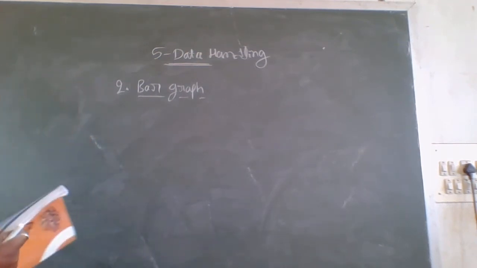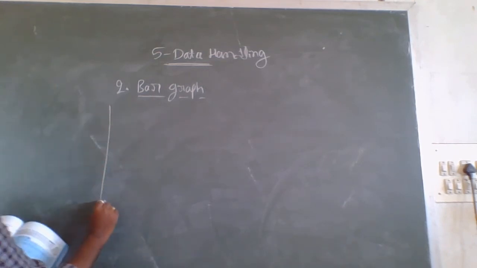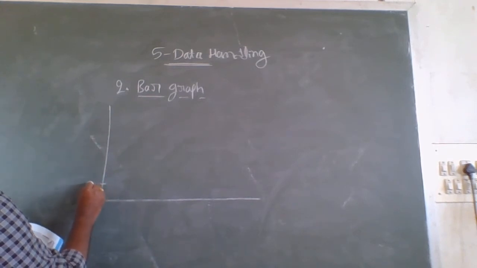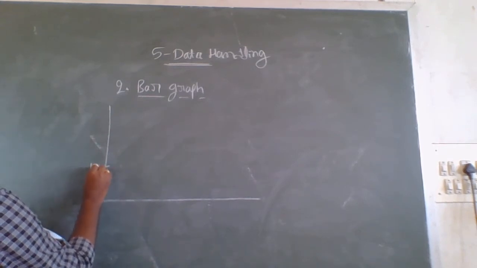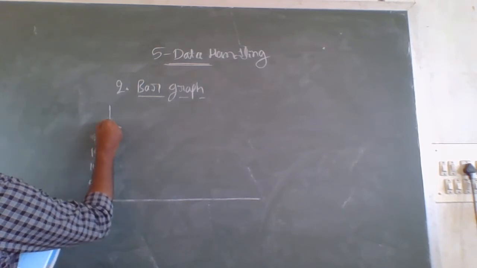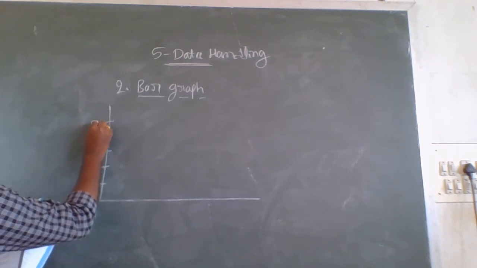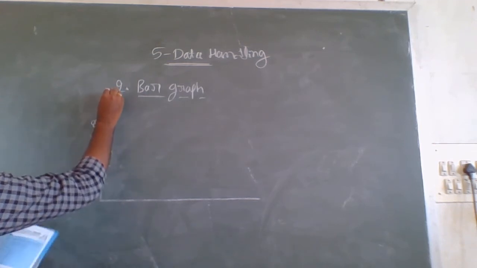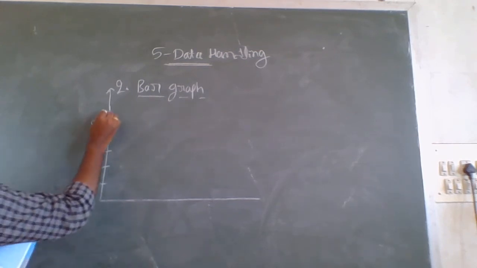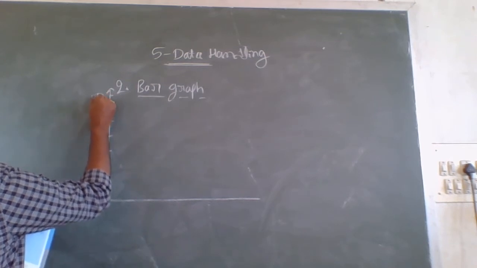So see here example, they have given an example. They are 50, 100, 150, 200, 250, 300, 350.